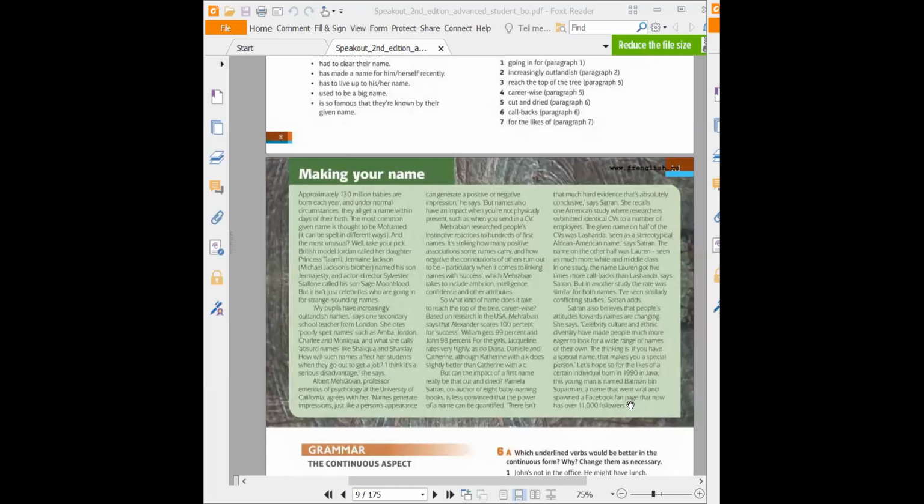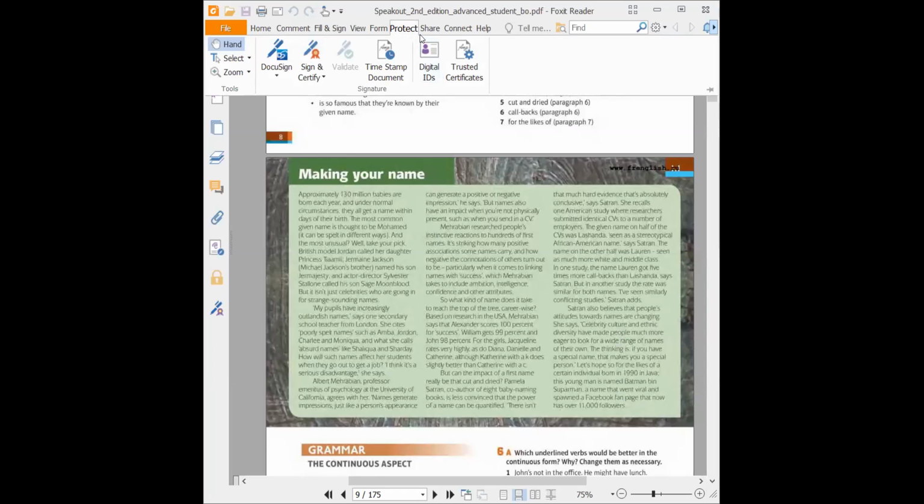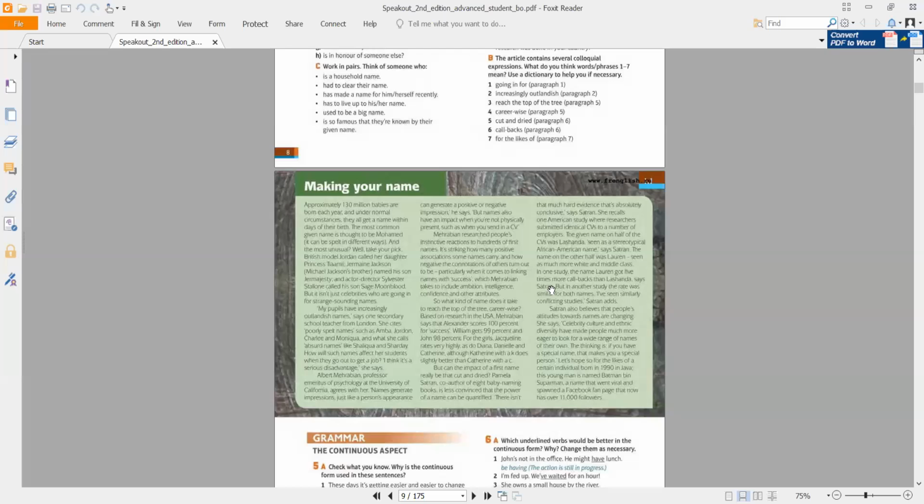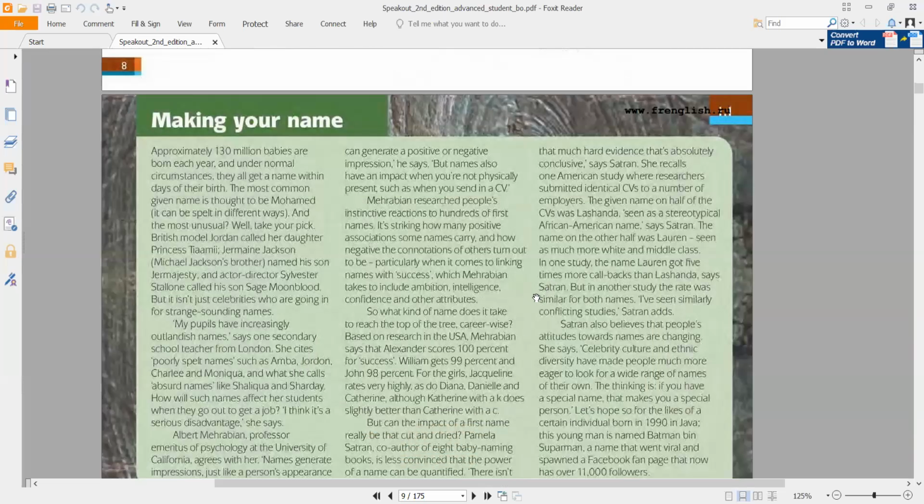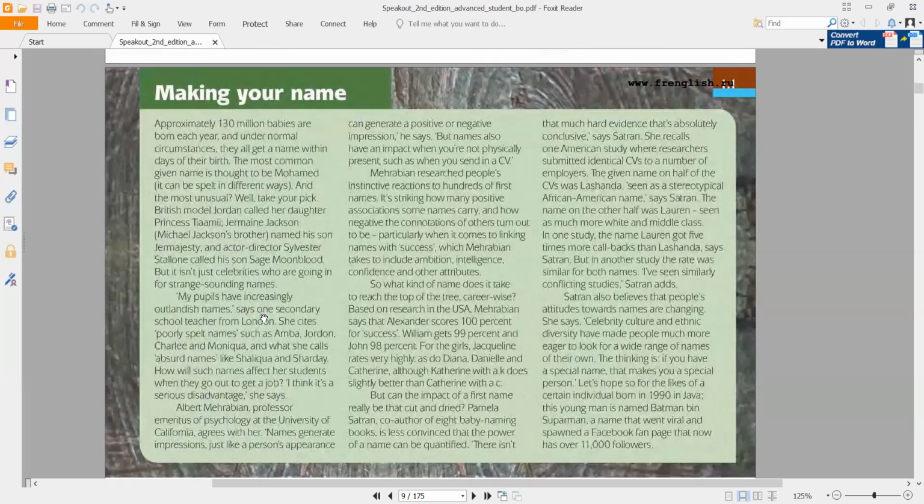Generate. Could you please tell us what generate means? Generate has more than one meaning, so could you tell me which line you found it in? The second paragraph, the first line.